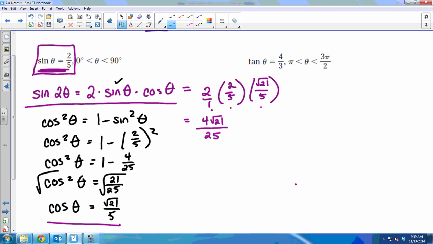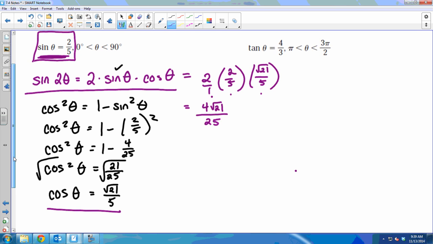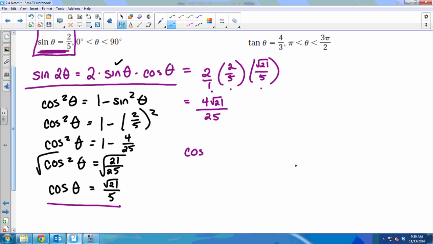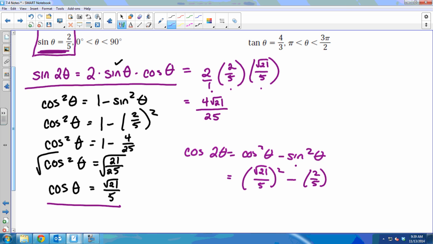It also tells you to find cosine 2 theta and tangent 2 theta. So cosine 2 theta equals cosine squared theta minus sine squared theta. You already have the pieces, you just substitute them in. So the square root of 21 over 5 squared minus 2/5 squared. Yes, you could. If you already had this part up here, you've done your work, you could just put that in.